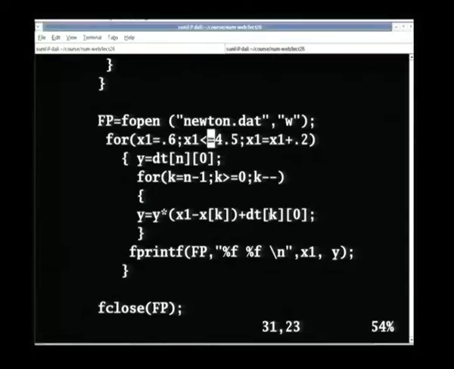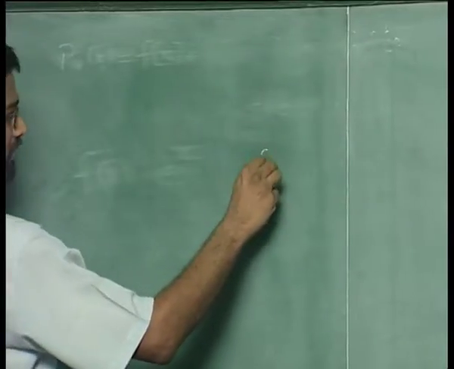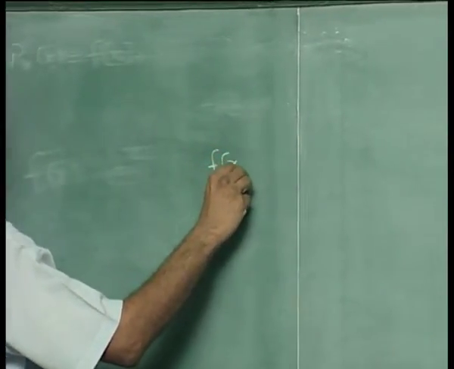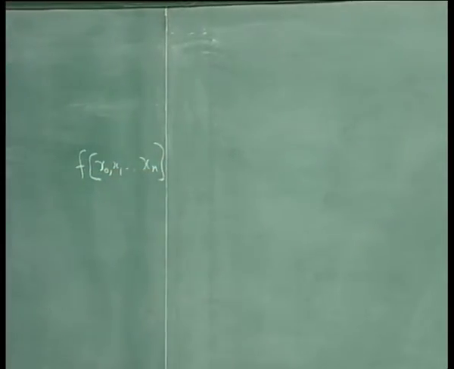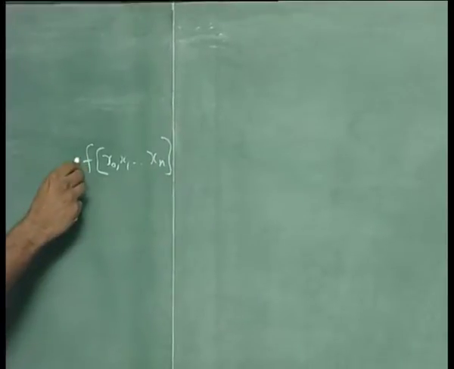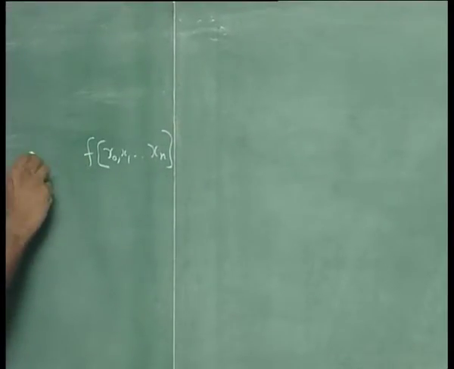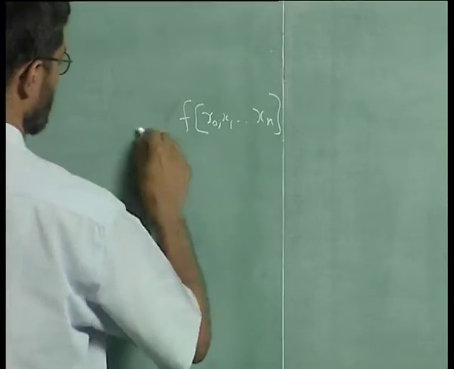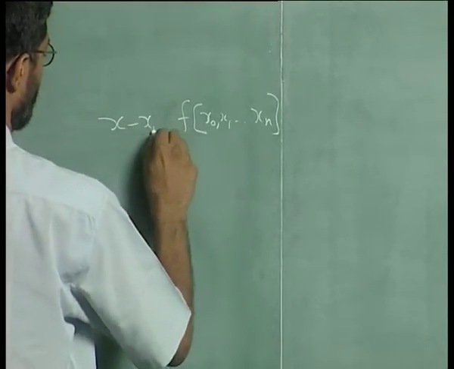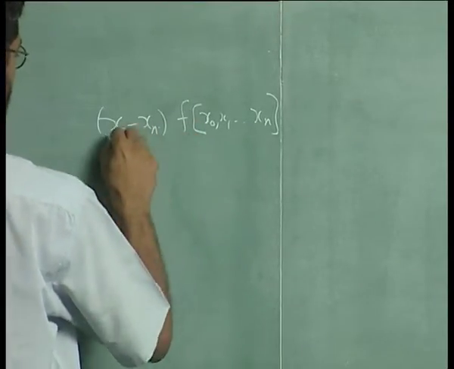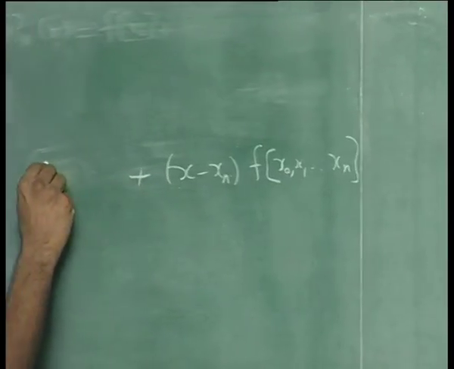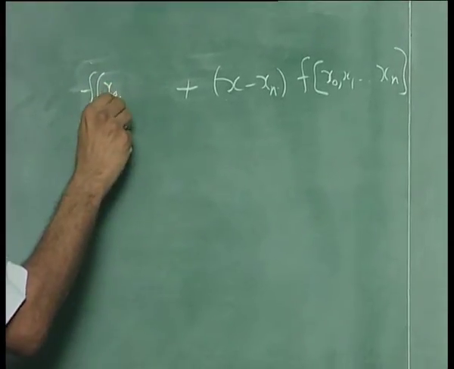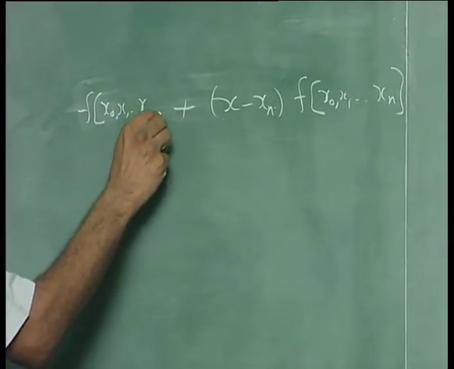So, the way I am constructing this polynomial is backwards. Okay, so, I start with my highest order divided difference, that is f of x0, x1 up to xn. Okay, that is my highest order divided difference. Okay, and then I multiply. I am multiplying this with x minus xn, and then I add to this another term which is f of x0, x1 up to xn minus 1.